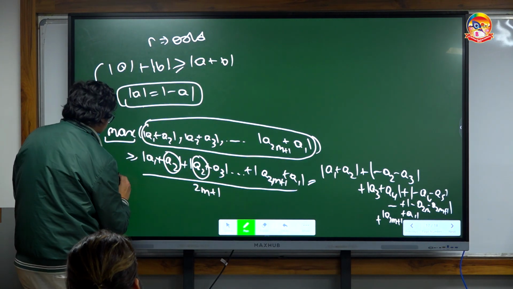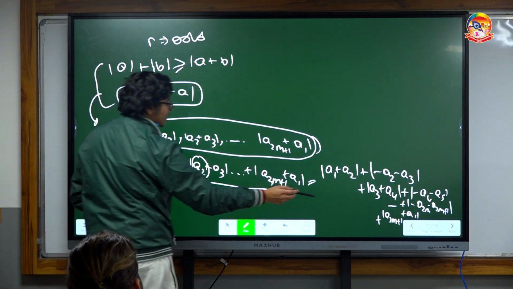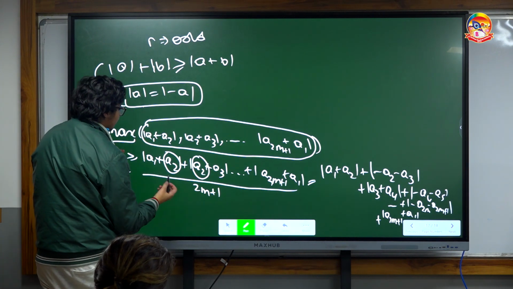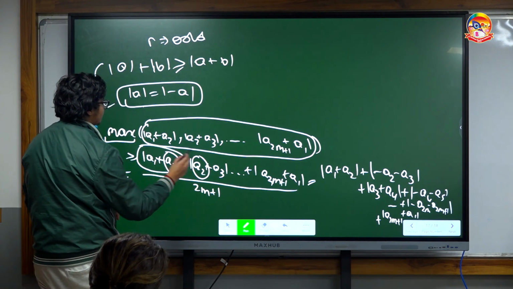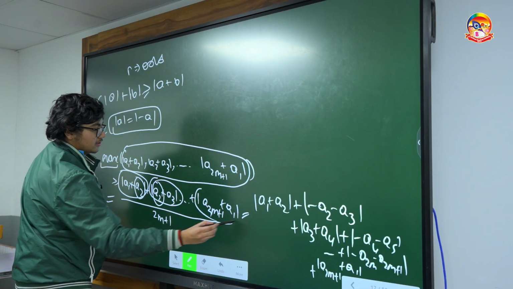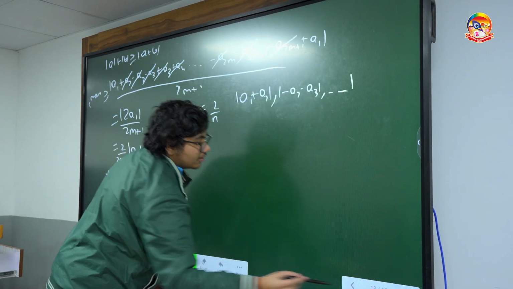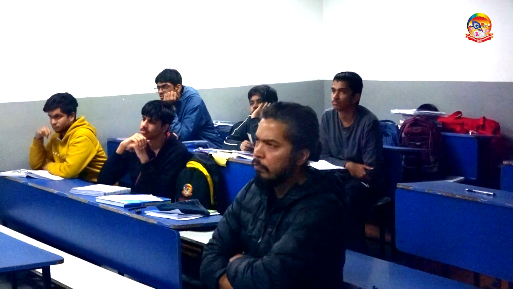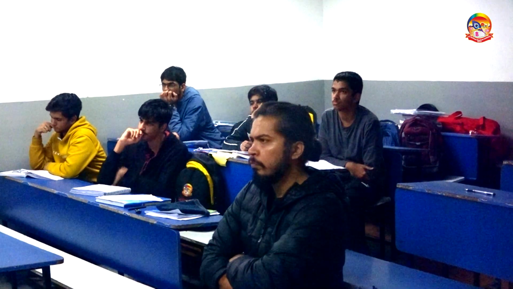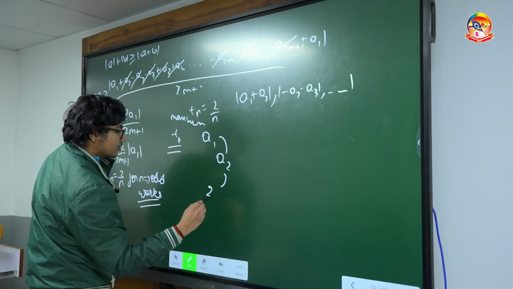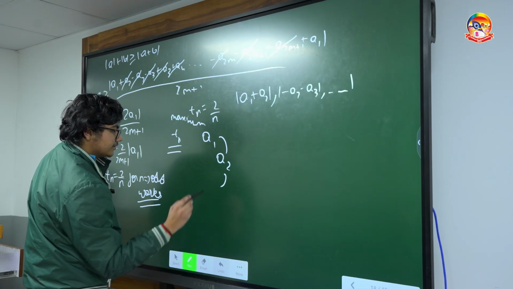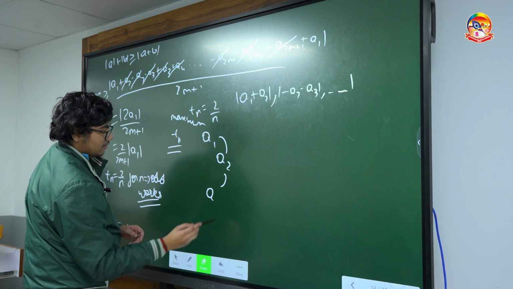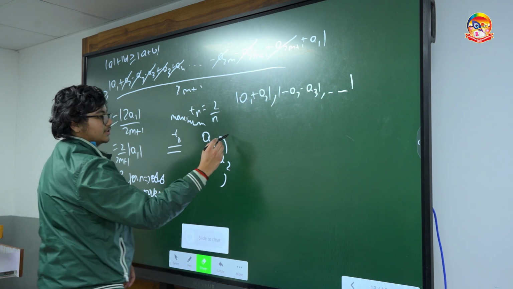If the maximum value is equal to the arithmetic mean, because for equality all should be equal. So for the maximum to be equal to the arithmetic mean, all the terms in the sequence must be equal. All must be equal. So we need A1, A2, and then in a repeated manner, kind of... क्या चाहिए होगा, एक बार सोचते हैं इधर.